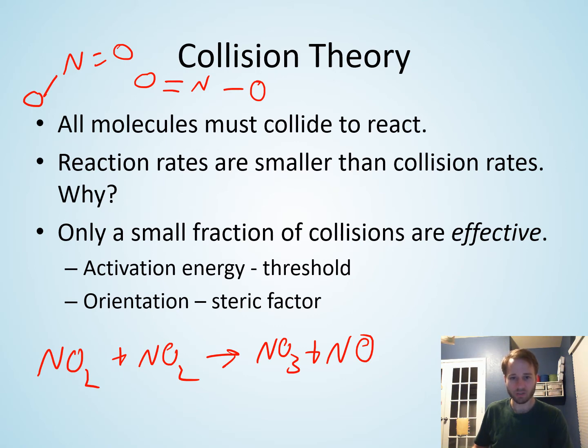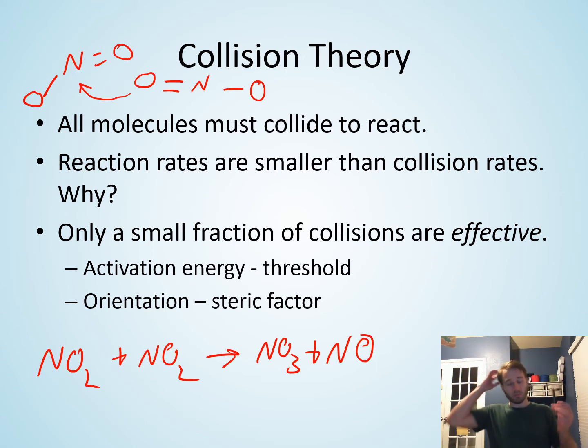The oxygen doesn't transfer to the other oxygen. This oxygen has to get close enough to collide with that nitrogen for the chemical reaction to take place. And then they need to collide fast enough, with enough energy, to break the bond from one nitrogen and form the bond onto another nitrogen.